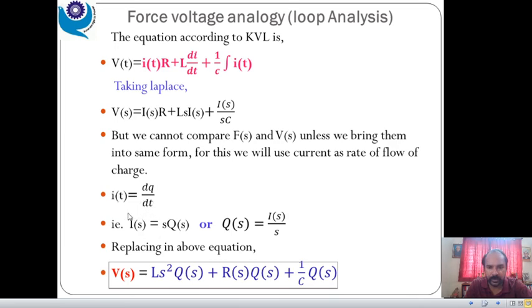Taking the Laplace transform, we get I(s) = s·q(s), since d/dt is simply s, or you can say q(s) = I(s)/s. Putting this into the main equation, we get V(s) = Ls²q(s) + Rs·q(s) + (1/C)q(s). So this is the simple transfer function, the Laplace of output divided by Laplace of input.